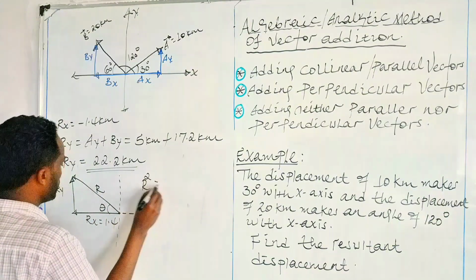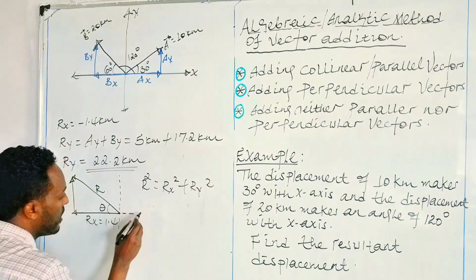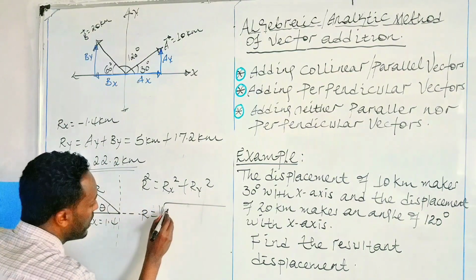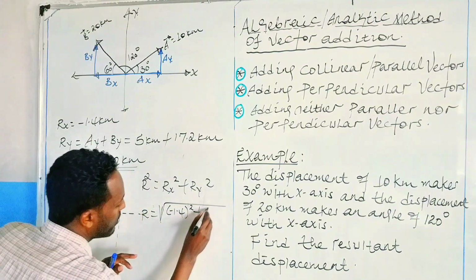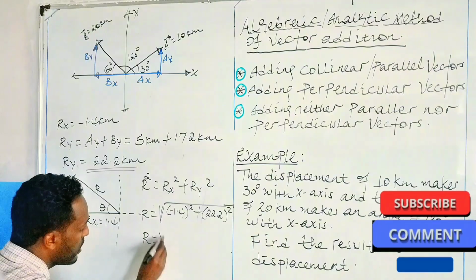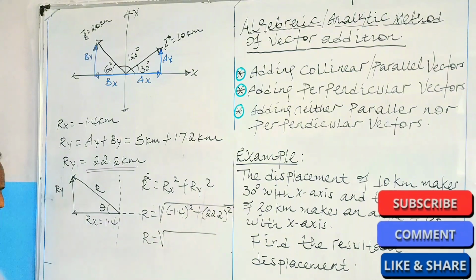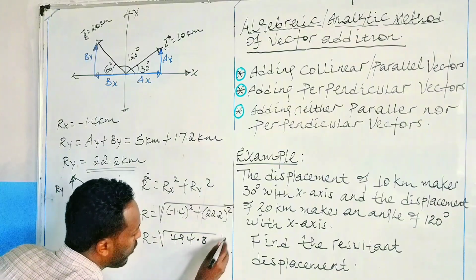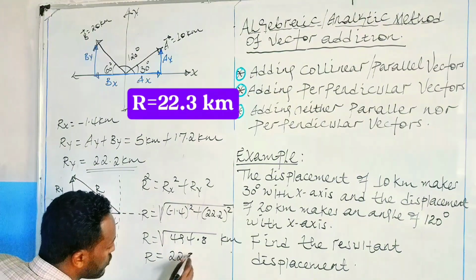Resultant squared is equal to Rx the whole squared plus Ry the whole squared. So the resultant R is equal to the square root of the resultant along x, which is minus 1.4, the whole squared, plus the resultant along y, which is 22.2, the whole squared. Squaring these and adding them gives 494.8 kilometer. Taking the square root, the resultant R is equal to 22.3 kilometer.